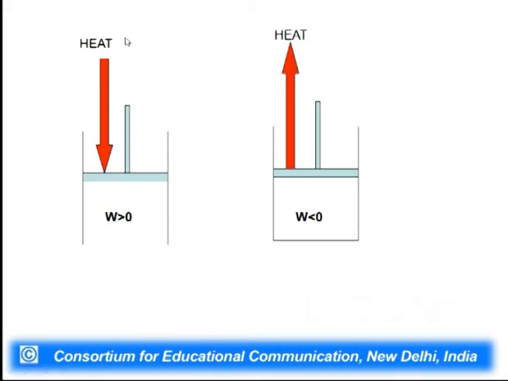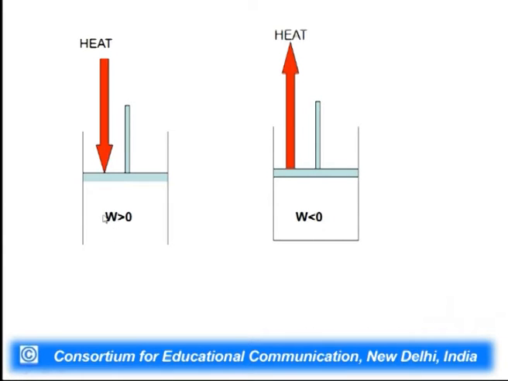Now, come to the question of heat. Again, when we supply heat to the system, we can increase the internal energy of the system. And as I told you as a thumb rule, when internal energy of the system increases, it will be given a positive sign.